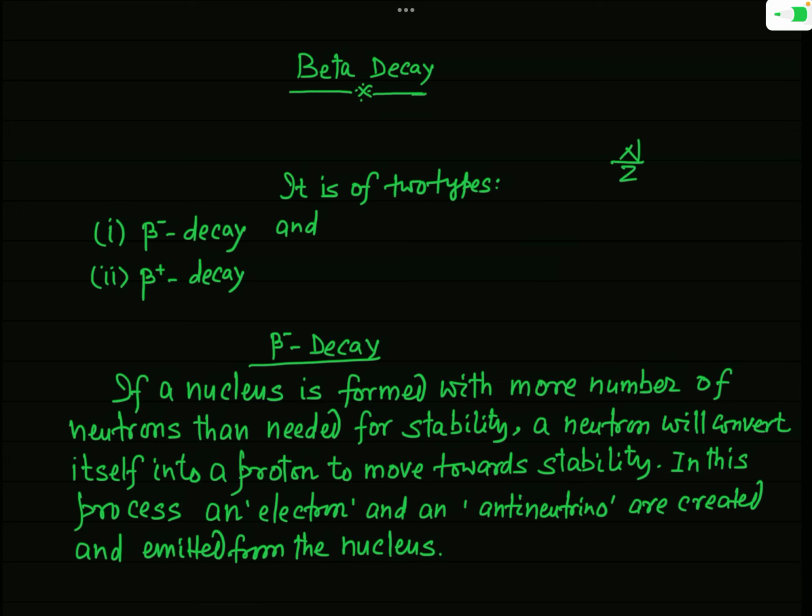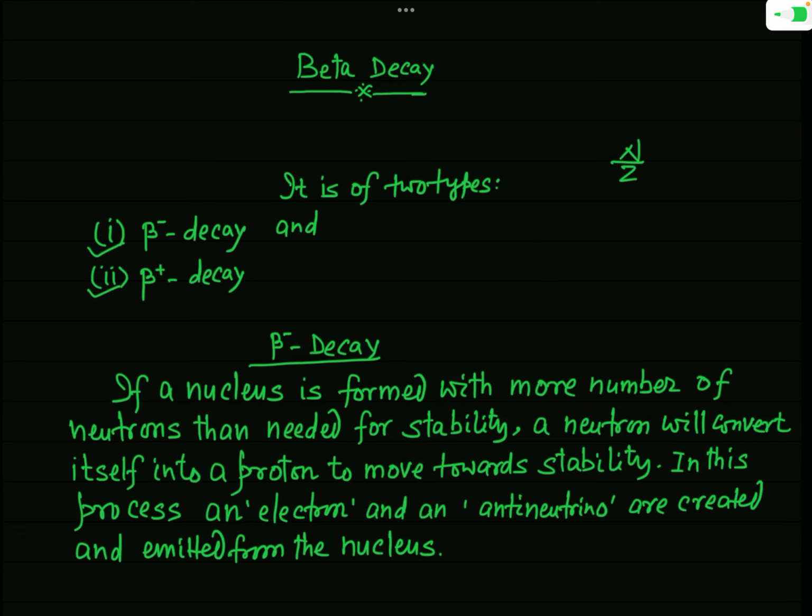So since the instability of the nucleus is caused either by the excess number of neutrons or the excess number of protons, accordingly beta decay is actually of two types. The first one is known as beta minus decay, and the second one is called beta plus decay.